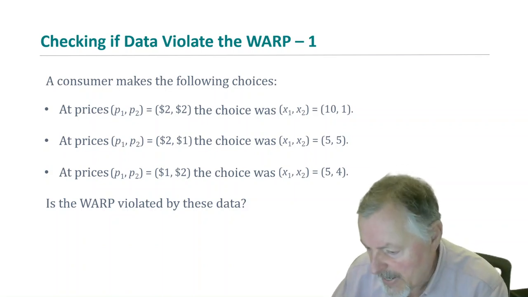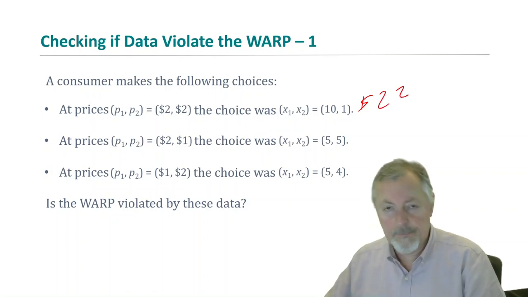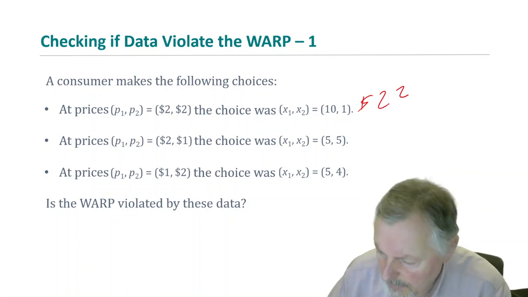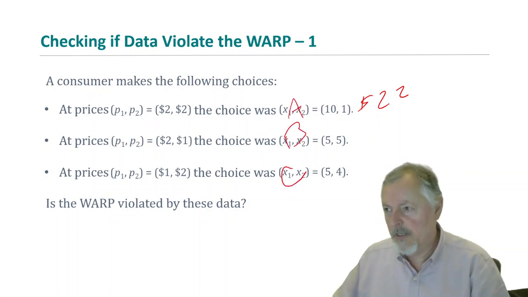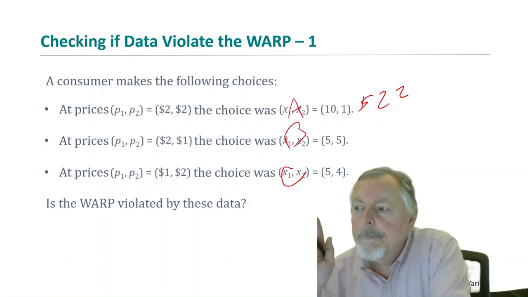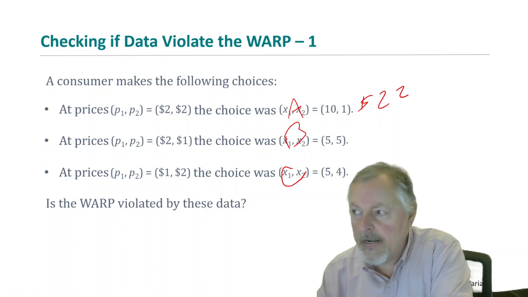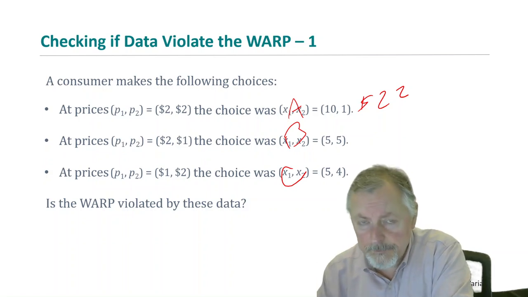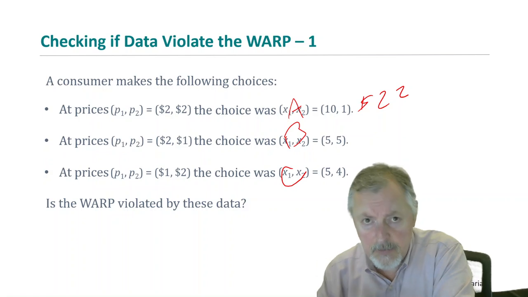That means you spent a total of $22. Let's call this choice A, that choice B, that choice C. You chose bundle A, and it cost you $22. You did not choose bundle B or bundle C.